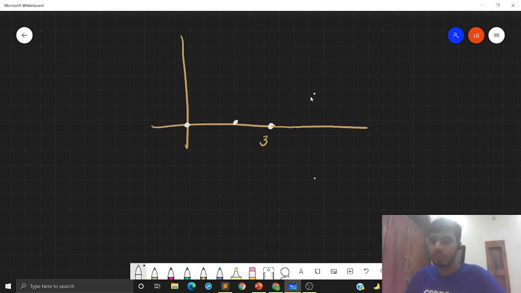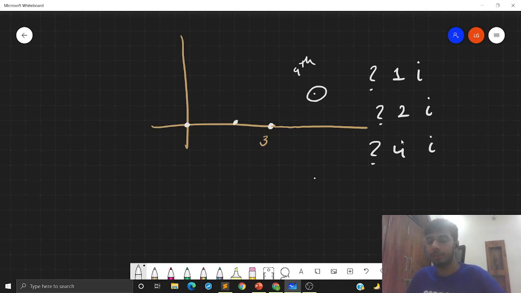And once we have chosen this one as a fourth point, we will say that now I will find the distance from the first point, from the second point, and then from the fourth point. If this fourth point is again on the x-axis, then we can do the similar thing for the fifth point and so on, right? So this is how you can solve this problem.